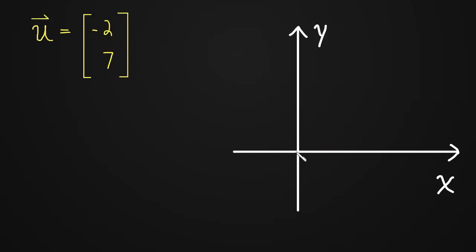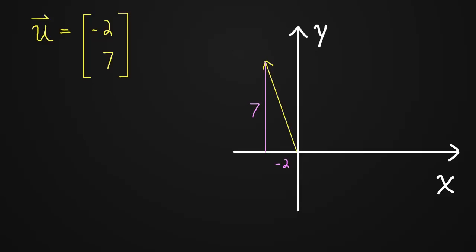So let's draw that. We're going to move over by 2 and up by 7, so something like that. So we've moved over -2 and we moved up by 7. So maybe I'll erase that. There we go.